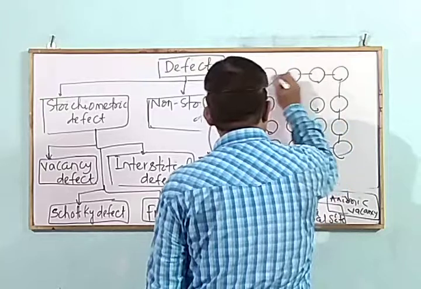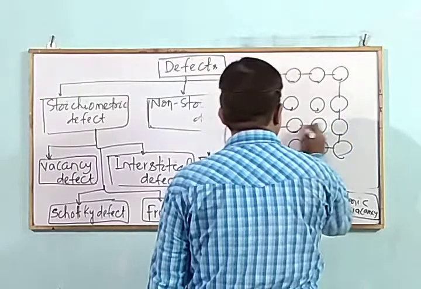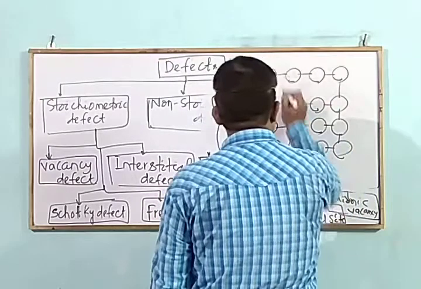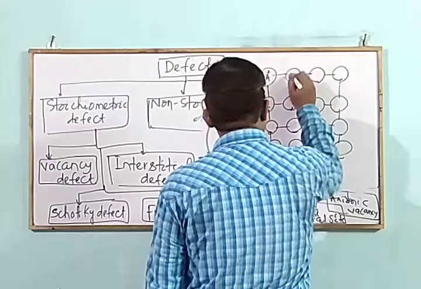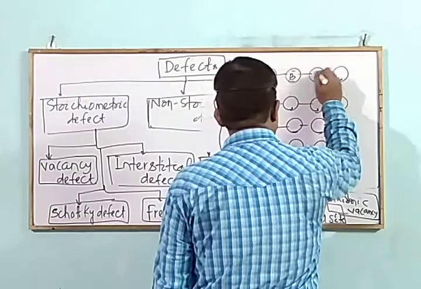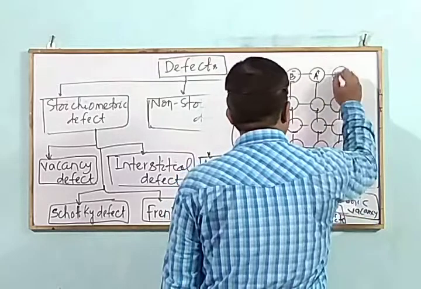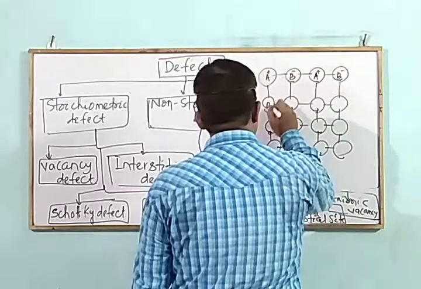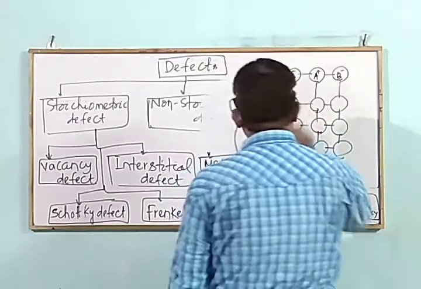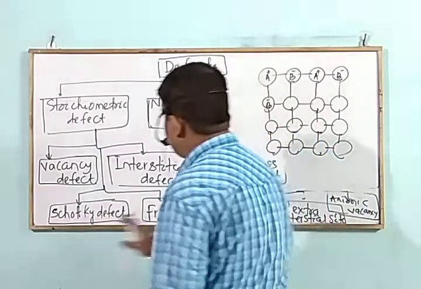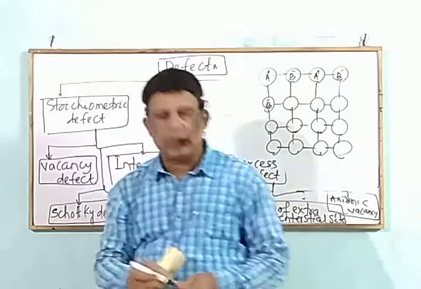In case of ionic crystal, which is represented by A plus B minus. Before going to the structure, let us discuss what the Schottky defect is.